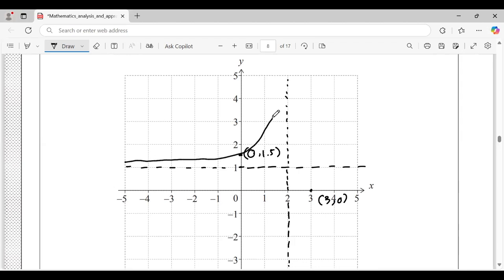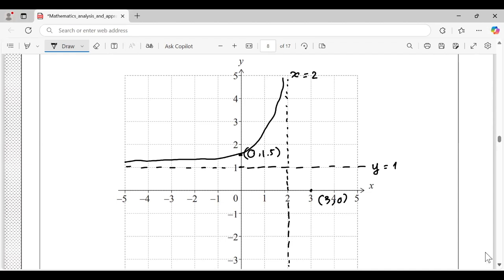These are the asymptotes: x equals 2 and y equals 1. So this graph never touches, never intersects x equals 2 and y equals 1.